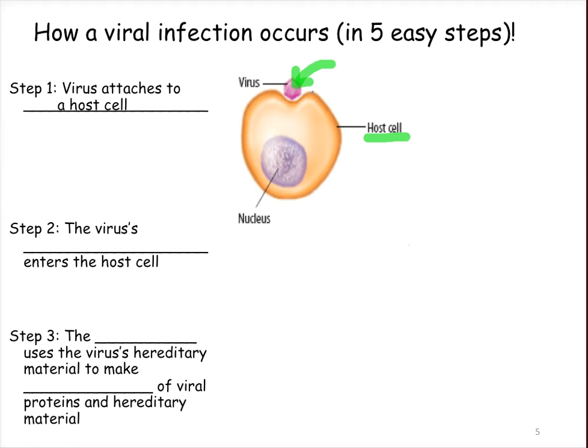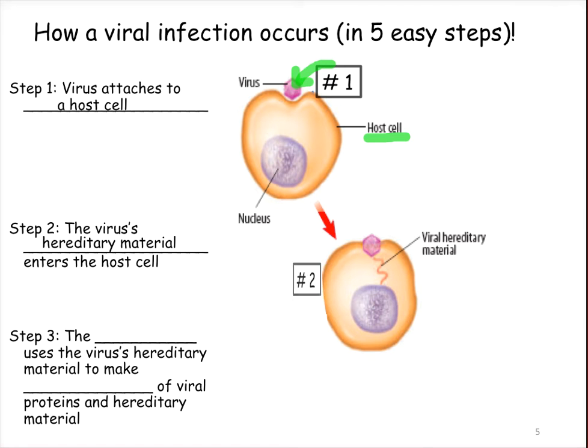Once the virus has attached to its host cell, the next step is for the virus's hereditary material to enter the host cell. We can see that here in the second part of the diagram. I want you to notice in the diagram that it is only the hereditary material that enters the cell, not the entire virus.